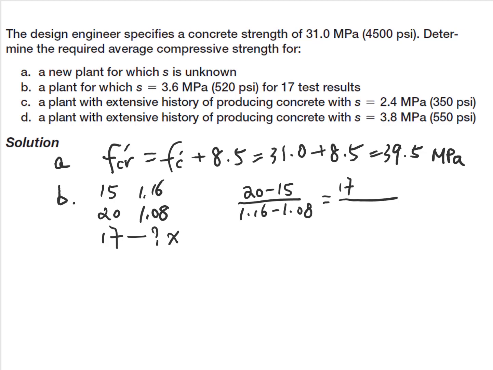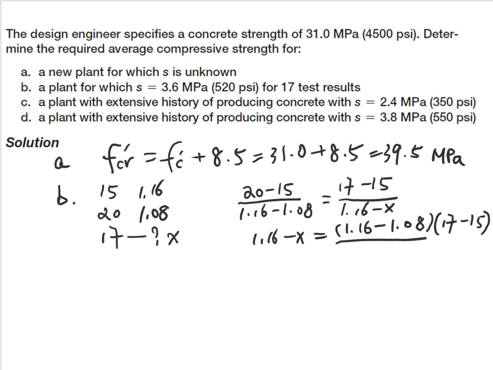17 minus 15 will be 1.16 minus x. So 1.16 minus x equal to 1.16 minus 1.08 times 17 minus 15, and then divided by 20 minus 15.